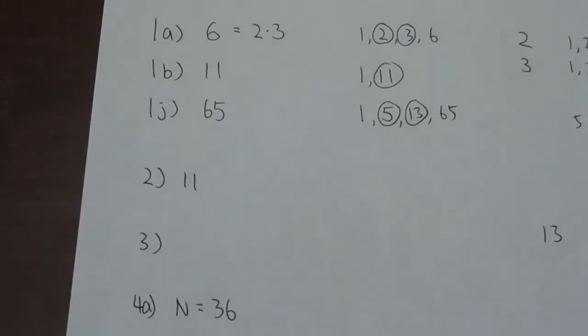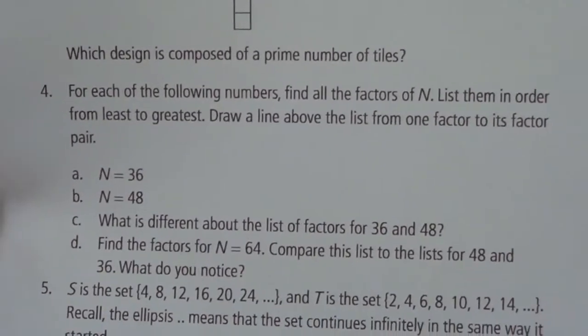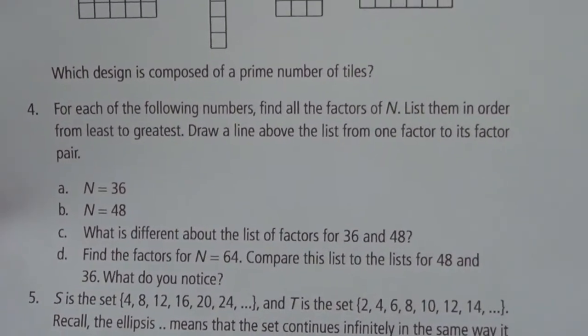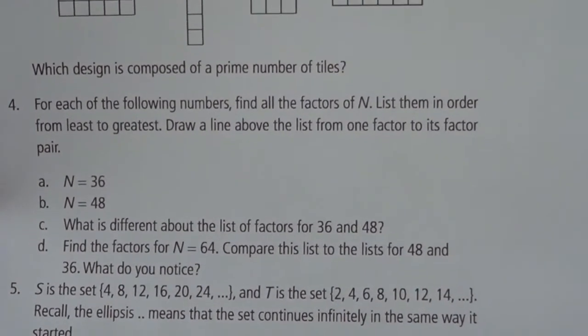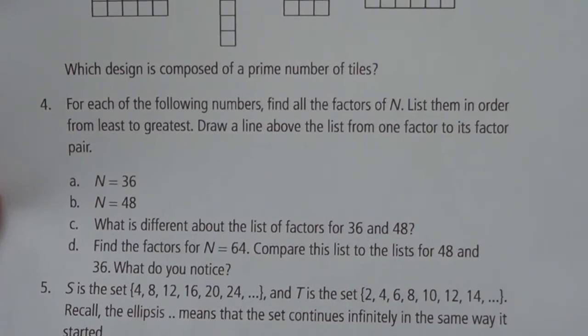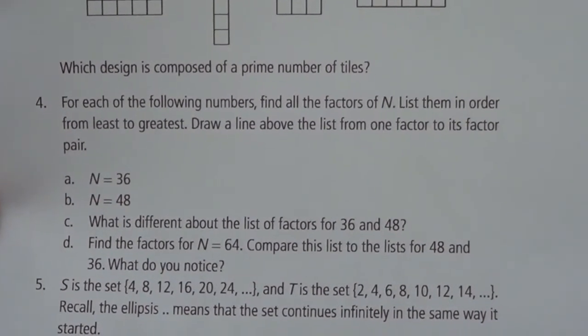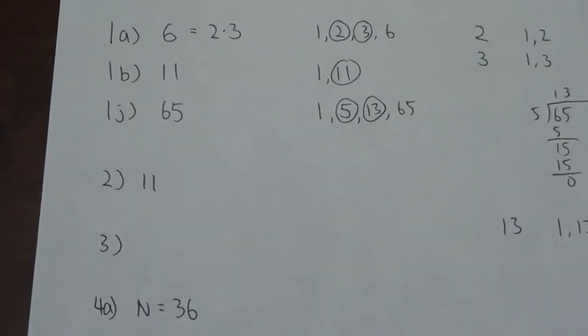All right. Number 4, we are given a number n, and then for each of the numbers we need to find all the factors, so similar to number 1, and then we're going to list them in order, which we did in number 1, and then draw a line above the list to show which factor goes with which one to form the pair. All right.